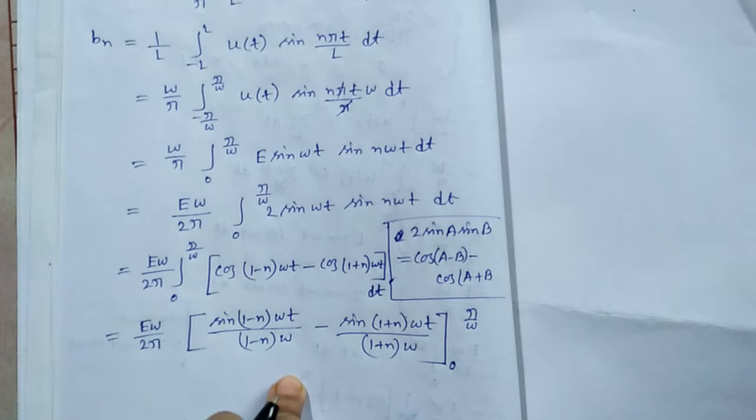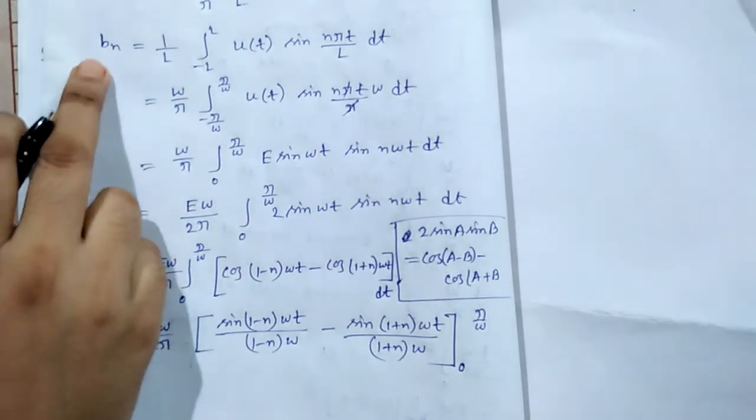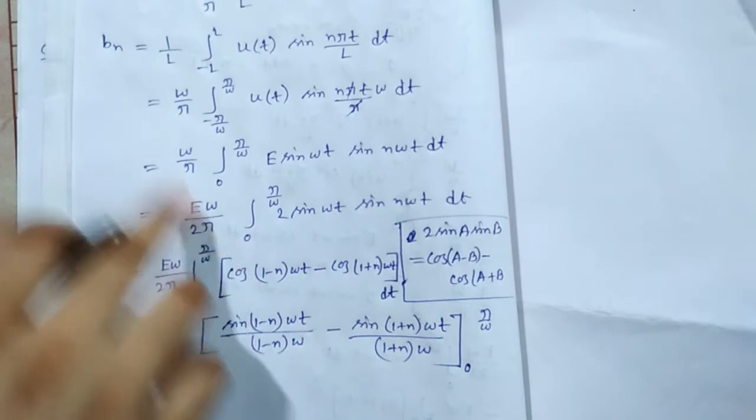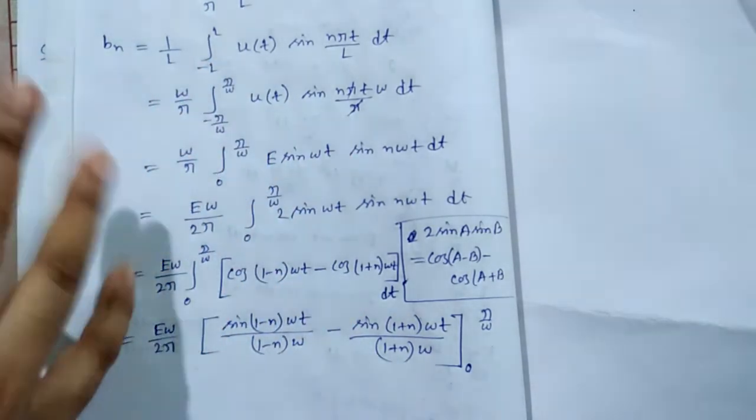So again, we get this term in the denominator, and we are going to calculate the value of bn for n equal to 1 up to infinity.